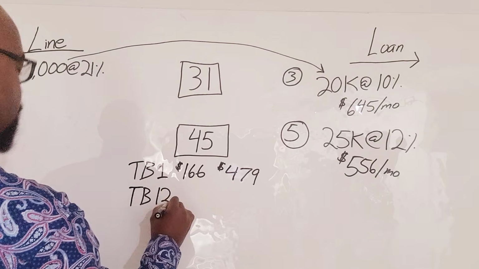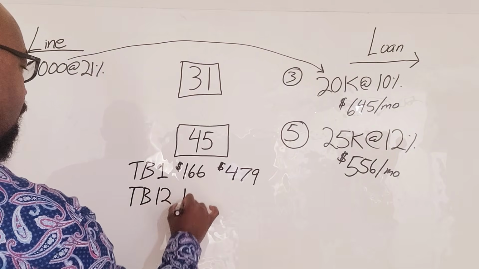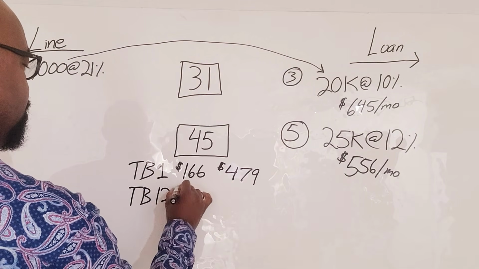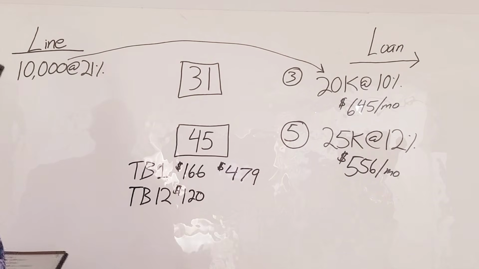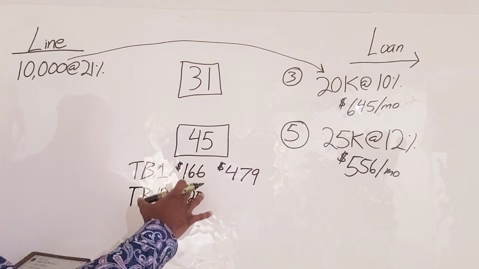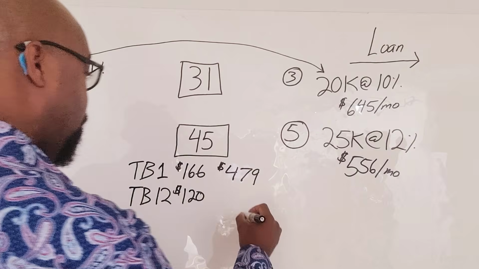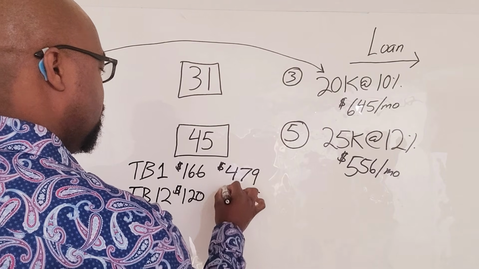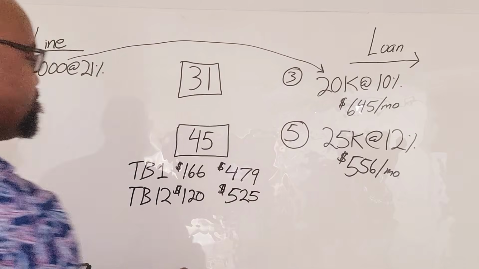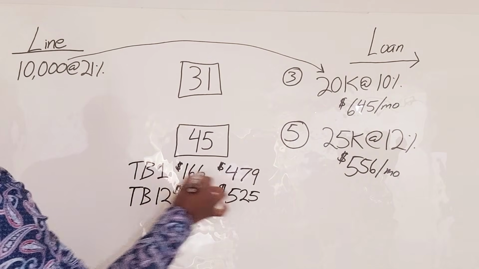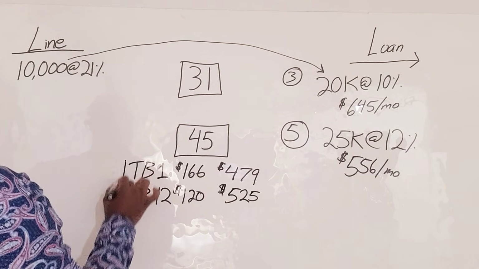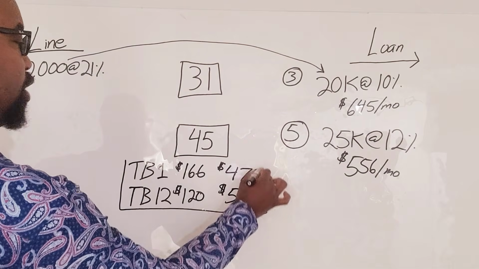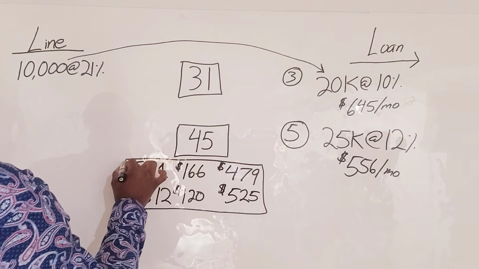That's the 12th month. What is that going to look like? $120, right? And that's to interest. And then to the principal, it's going to be $525, all right? So that's with TB banking, both of them. So that's how that's going to look, okay?